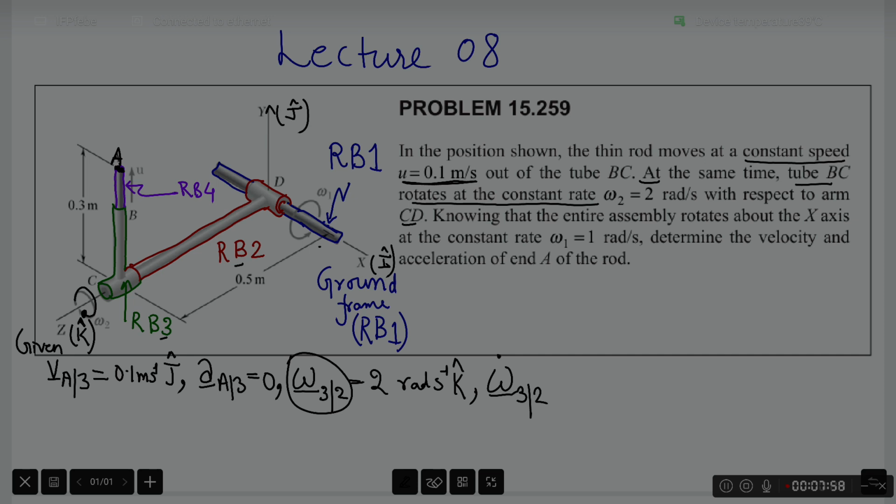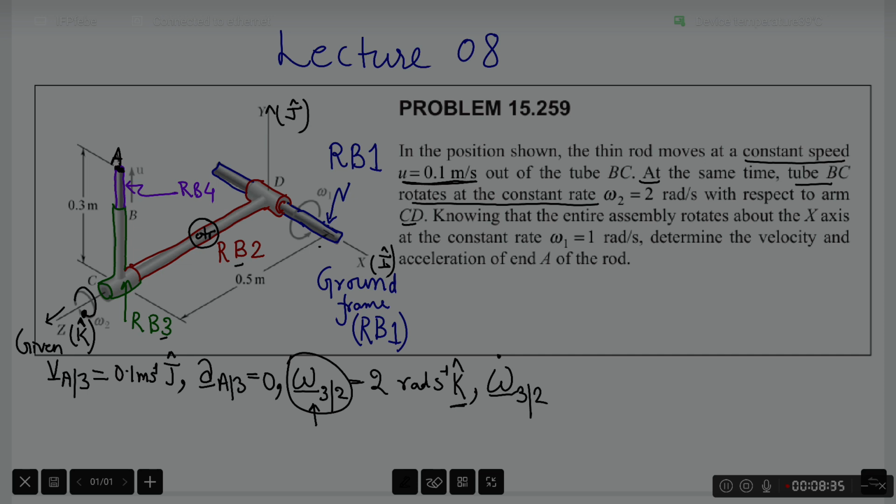Now given the problem, omega dot 32, the vector, will have zero magnitude, because an observer who is sitting on RB2 sees the angular velocity of RB3 as always pointing in this direction. So for this observer, the vector omega 32 is never changing its direction.